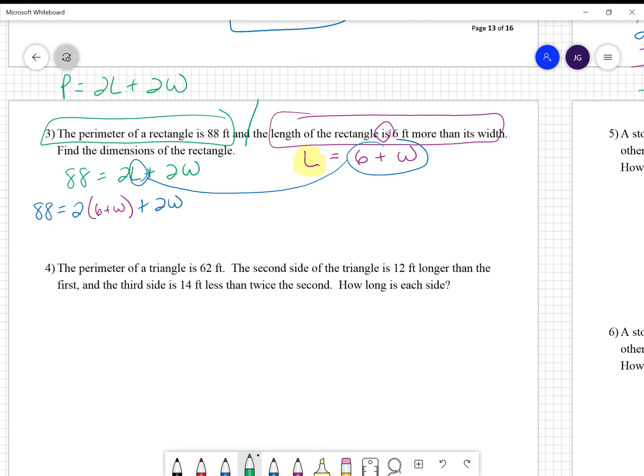When I distribute, I get 88 equals 12 plus 2W plus 2W. 88 equals 12 plus 4W.